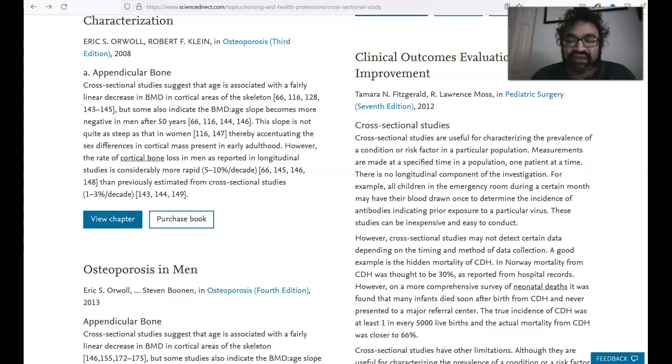So one in every 5,000 live births were actually CDH. So this is one example of how cross-sectional studies can actually reframe how we look at a disease condition and how common underdiagnosis is in many conditions, in many chronic conditions.